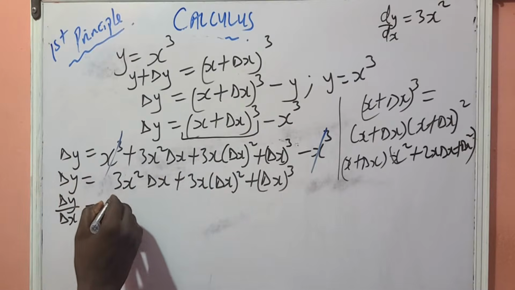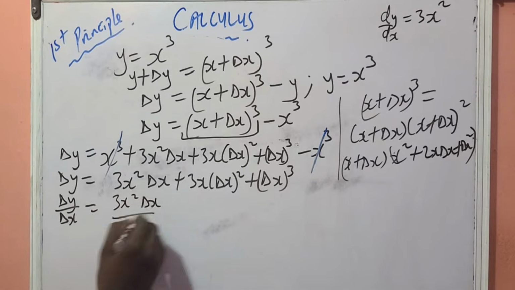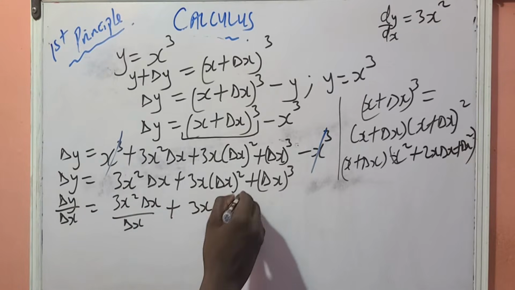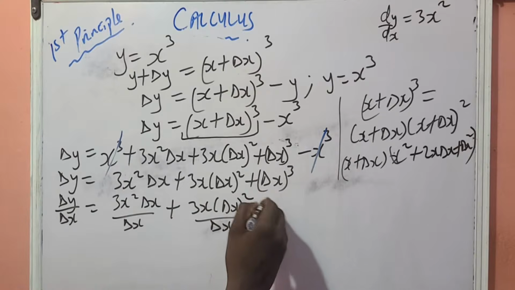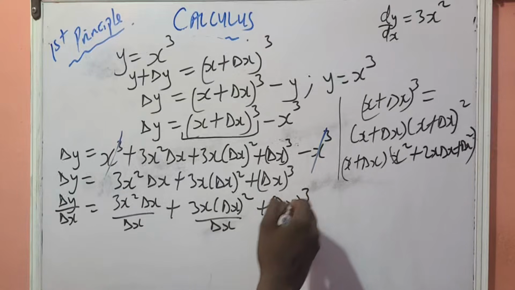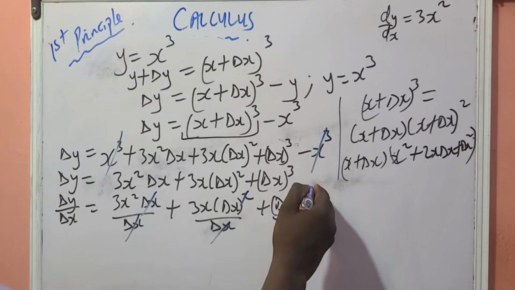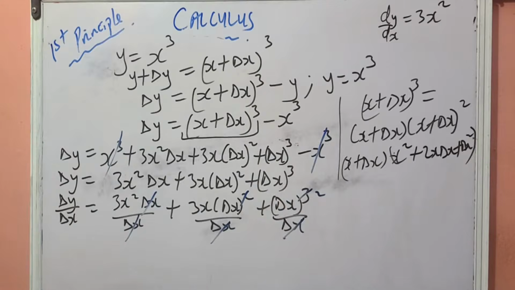So we have 3x squared dx over dx plus 3x dx squared over dx plus dx cubed over dx. You can obviously see this step by step. You can never go wrong. Just move step by step. This will cancel this. This will cancel one of this. This will cancel this. You'll be left with two of this.